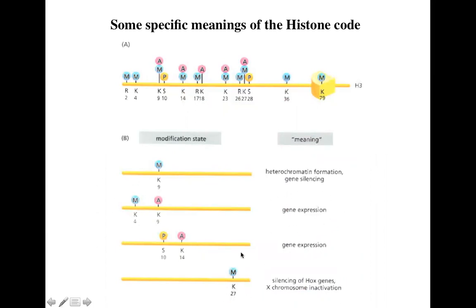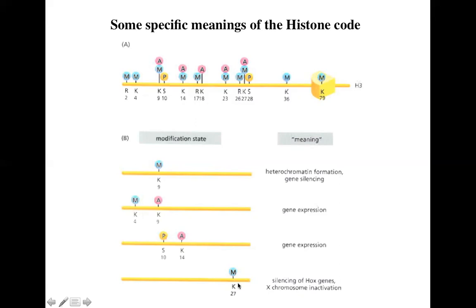K means lysine, so methylation of lysine at the fourth position, the fourth lysine residue, led to gene expression, while methylation of lysine at the 27th position leads to silencing of the genes.